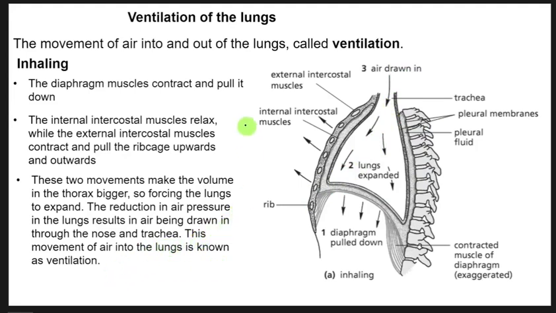What we have described is the process of inhalation, a process by which air enters the lungs.